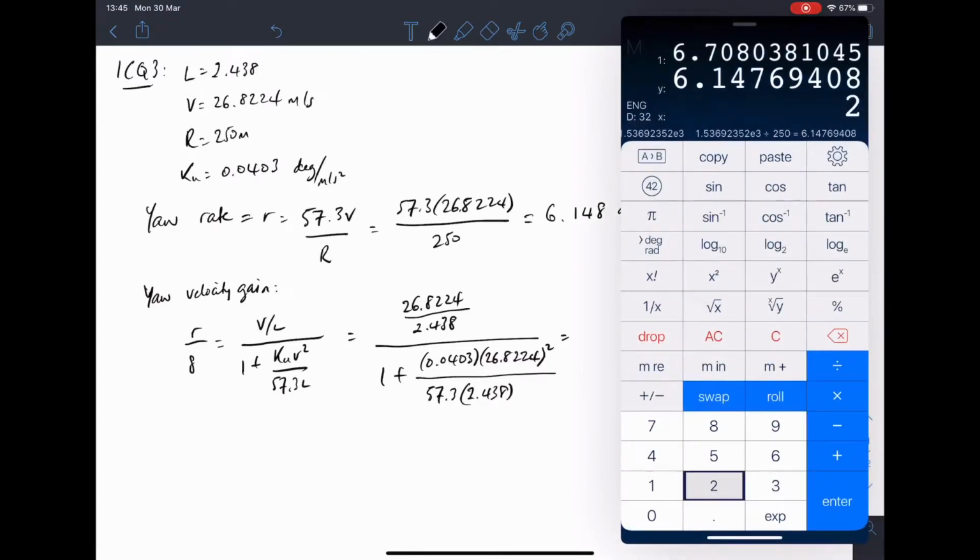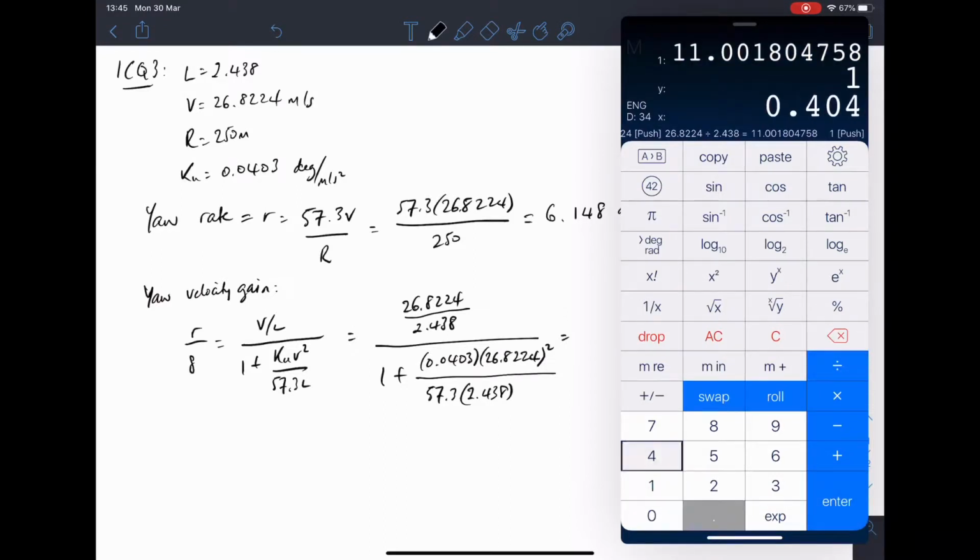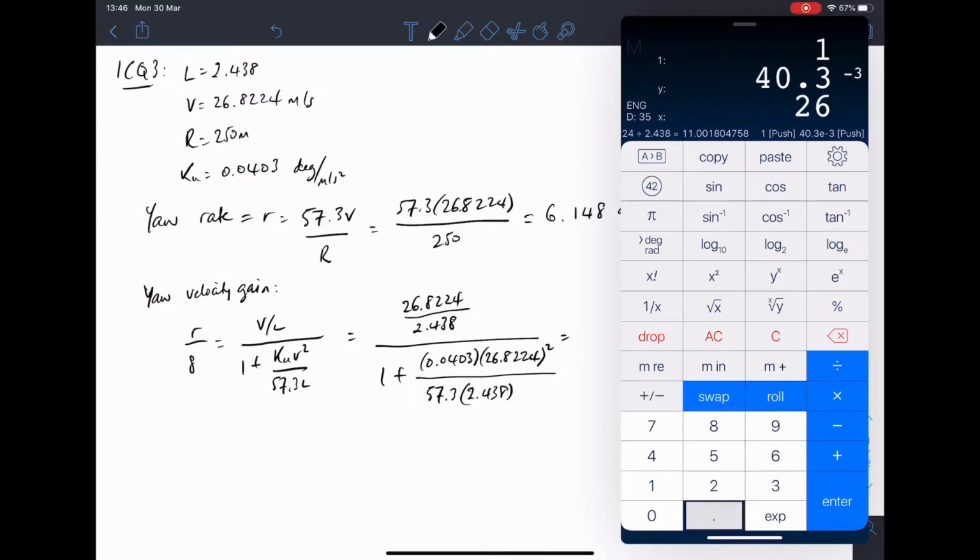So again, 26.8224 divided by 2.438, okay, there's the numerator. We have 1.0403... the denominator is 1 plus 0.0403 times 26.8224 squared divided by 57.3 times 2.438.